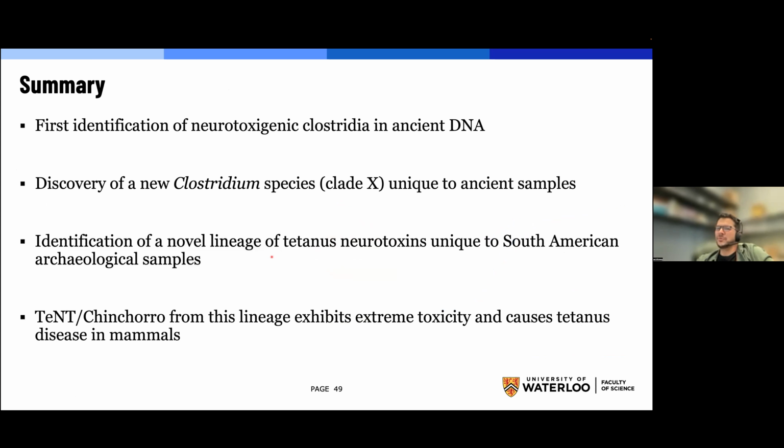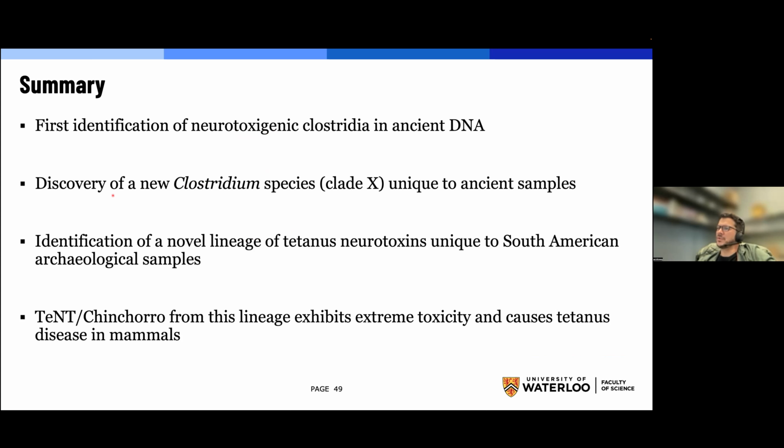That concludes the work that we've done on this so far. Just to summarize, we've identified neurotoxigenic Clostridia in ancient DNA in 38 different samples. And this is really the first identification of these organisms in ancient archaeological samples.